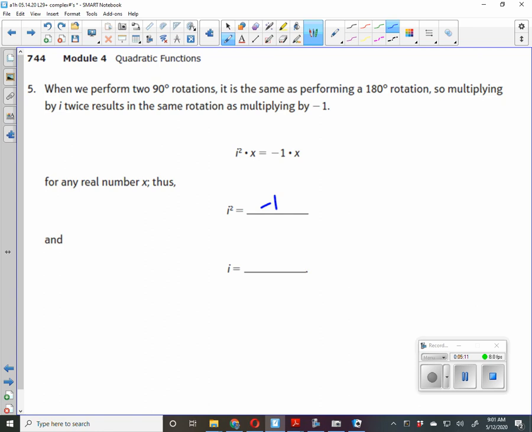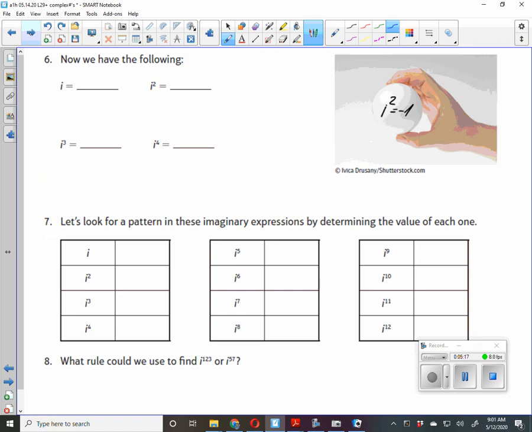That's just the square root of negative 1. Okay, so we know i was the square root of negative 1. We know i squared is negative 1. We know i cubed is negative i, and i to the fourth is 1.